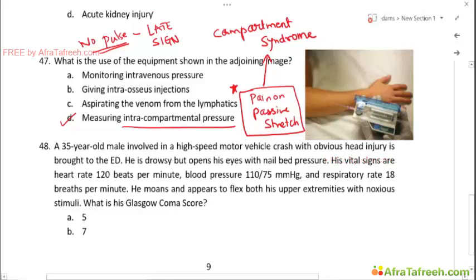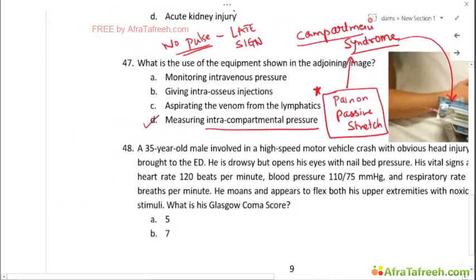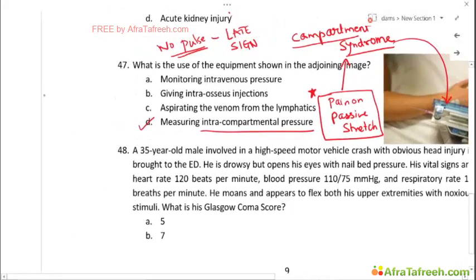Okay? So there are a lot of things: the extremity is tense or the compartment is tense, tender, warm. There may be some swelling as well. And then there is pain on the passive stretch. There could be some amount of muscle paralysis as well, but again that's a late sign. Okay, so when you see this, you suspect compartment syndrome. If you have this device, measure the compartmental pressures, and for increasing the index of suspicion, you calculate a delta pressure.